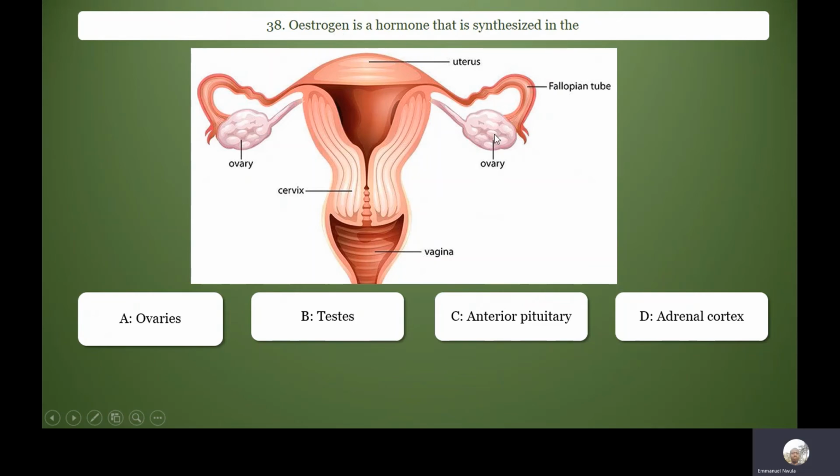It's synthesized when the egg cell is developing within the woman. So 38 is A.